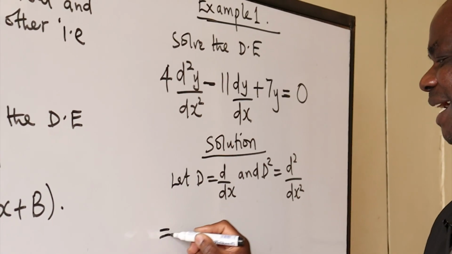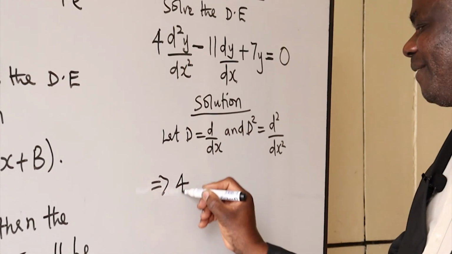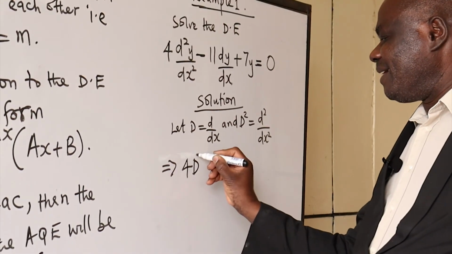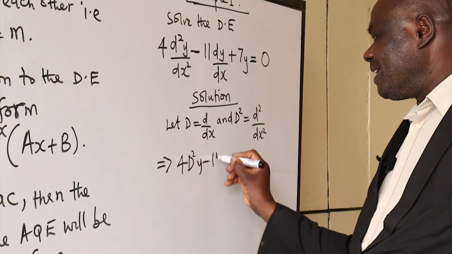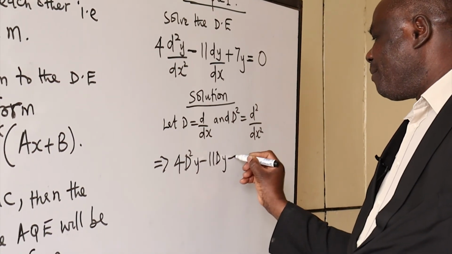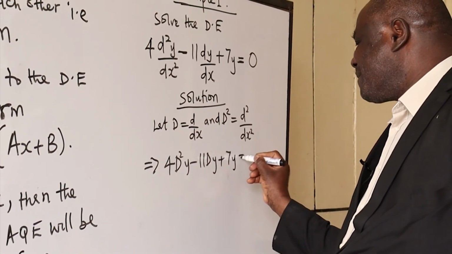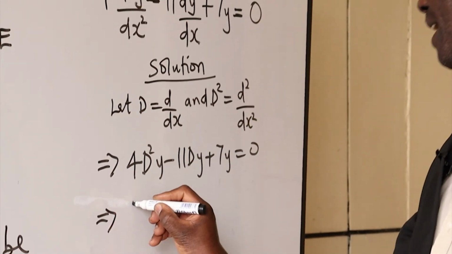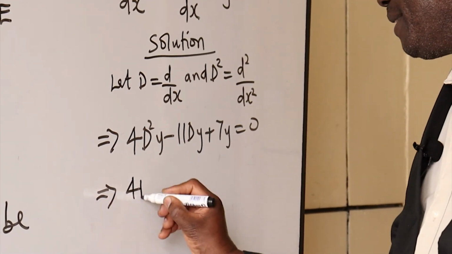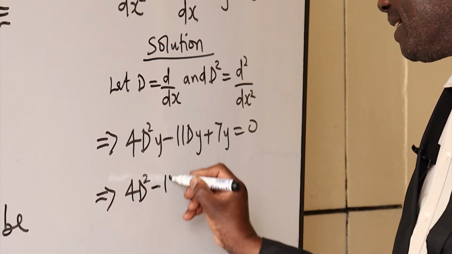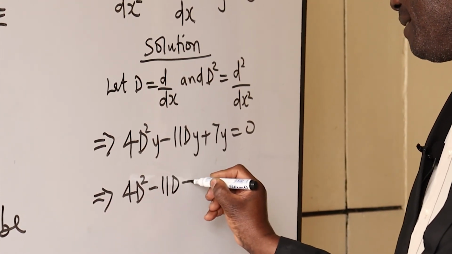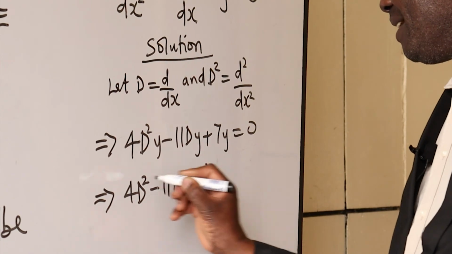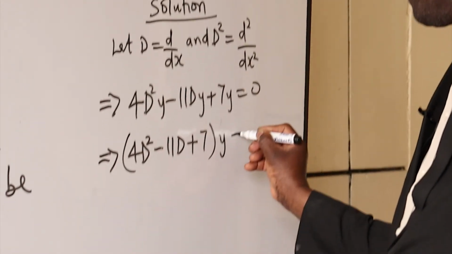So this implies 4D squared y minus 11Dy plus 7y is equal to 0, which implies y is common. We can say (4D squared minus 11D plus 7) into y is equal to 0.